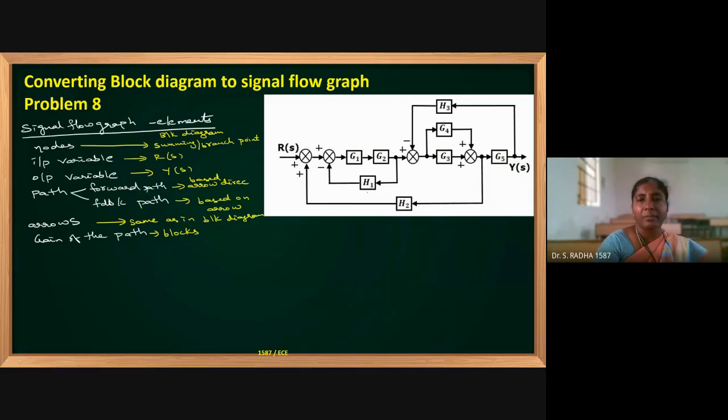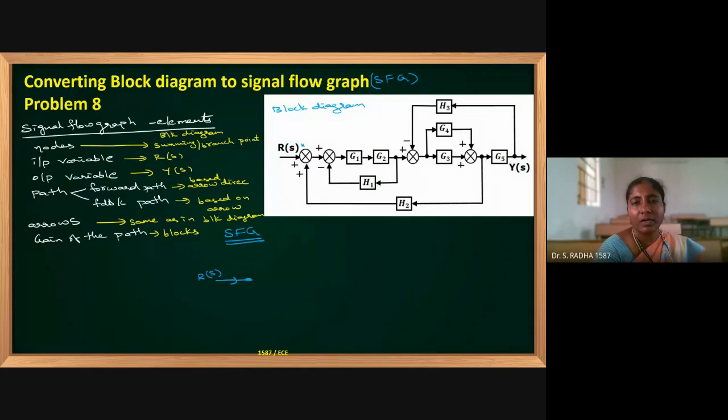Now our block diagram is given. We have to convert that to a signal flow graph. I'm going to draw the signal flow graph for the given block diagram. I have one arrow here at the input side, R of S. Then we have a summing point. I will give names for these.